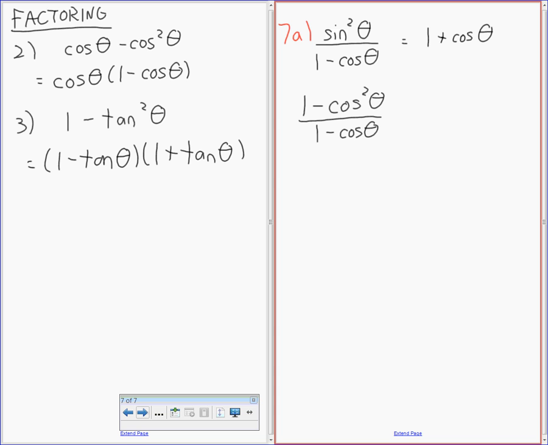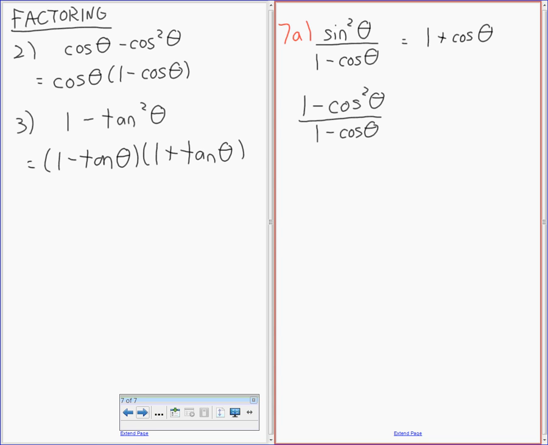Now, I have to find a way to get rid of the denominator, which means I'm probably going to want to cancel it out. If you have to cancel something out, what has to happen before you cancel? You have to factor. You have to factor to go to canceling out top and bottom, okay? So how am I going to factor the numerator then?